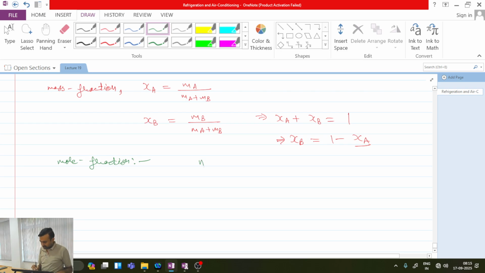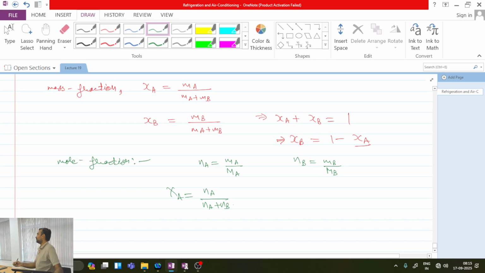So we know that number of moles of A will be nothing but equal to mass of A divided by molecular mass of A. Okay, likewise number of moles of B will be equal to mass of B divided by molecular mass of B. So from here I can define chi A, which is the mole fraction for A. That will be nothing but equal to Na divided by Na plus Nb, the number of moles of one particular substance over the total number of moles.